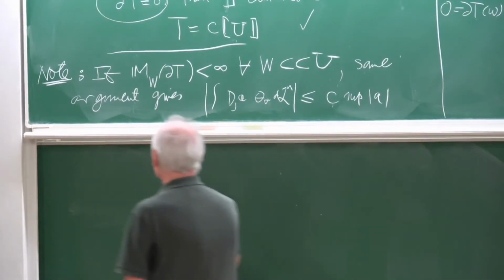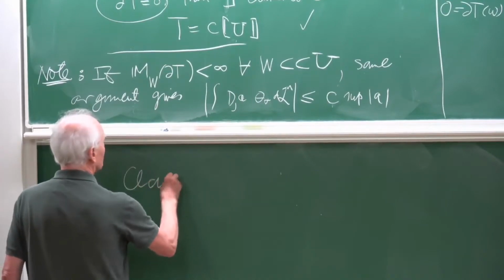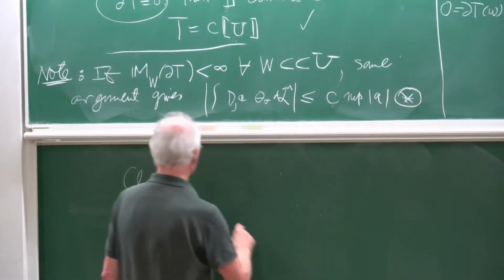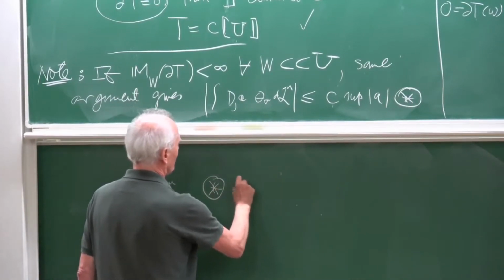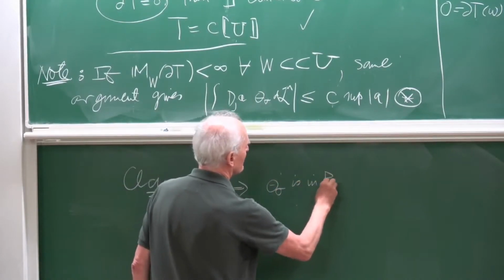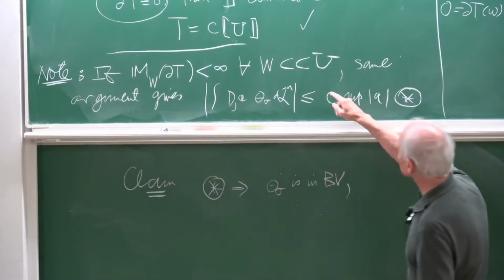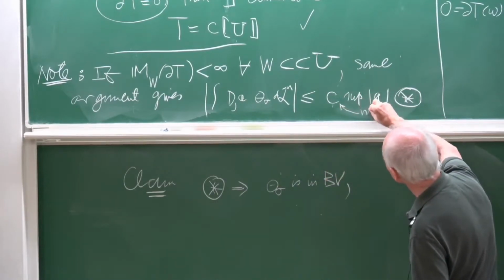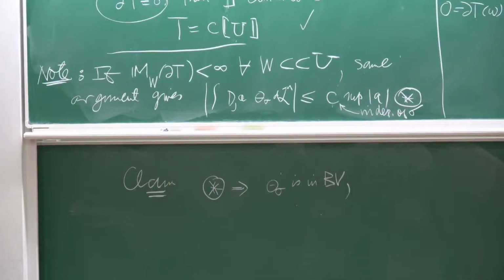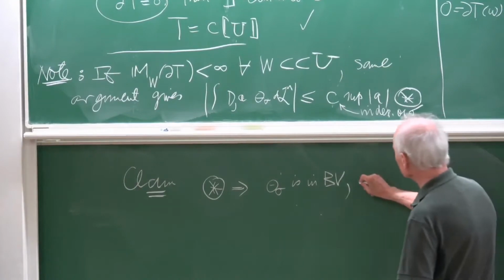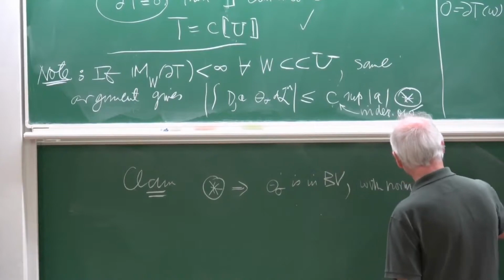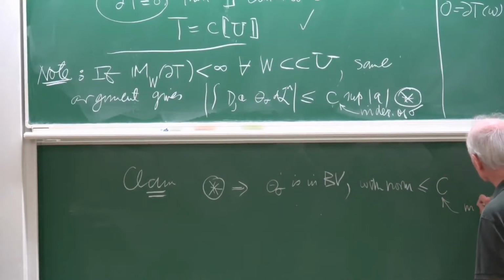And the claim is that this hypothesis, let's call this inequality star, implies theta sigma is in BV, and even with a norm that is a fixed constant independent of sigma. So theta is in BV with norm less than or equal to C, independent of sigma.